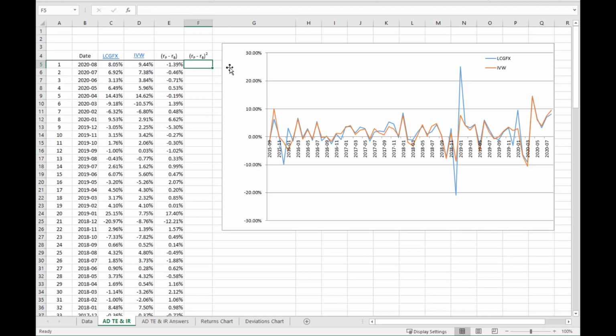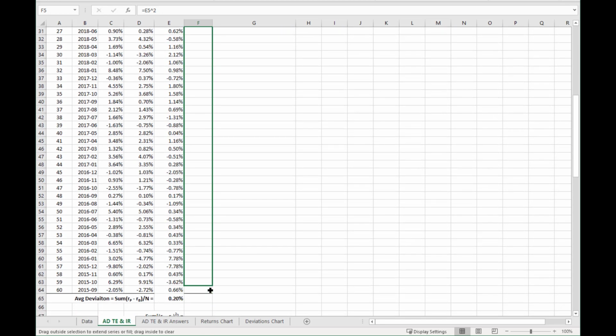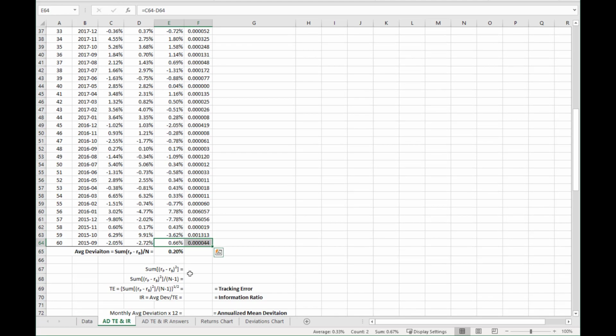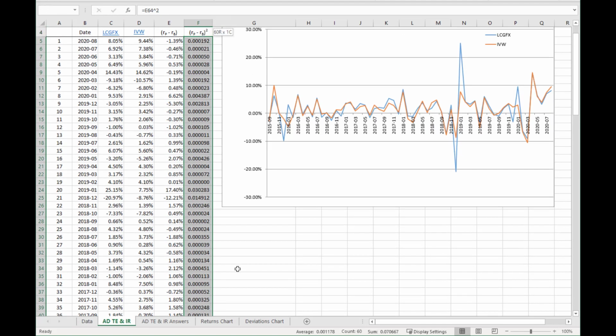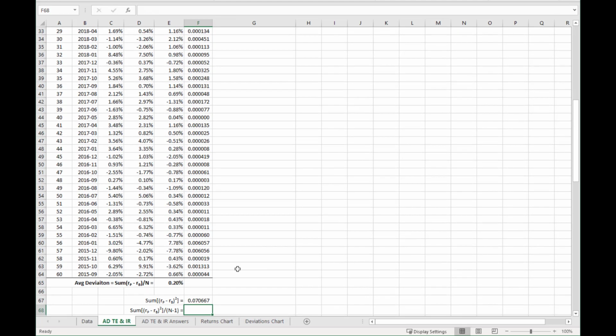The next thing I need to do, and by the way, we need to do this manually because there is no function for computing this in Excel. So I need to square each of these values. Note that a squared of a percent is not a percent, and so I have these in decimal form. And I'll bring this down, and I'm going to lose my bottom format here, so I'll bring that back. And so now I can compute the sum of these squared deviations, equals the sum of these squared deviations.